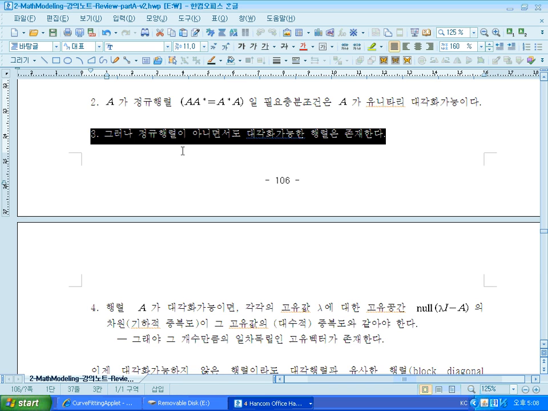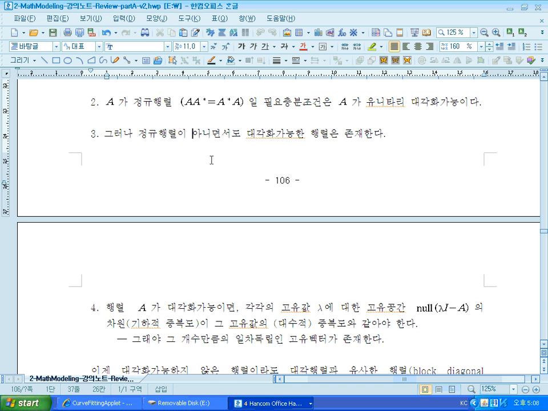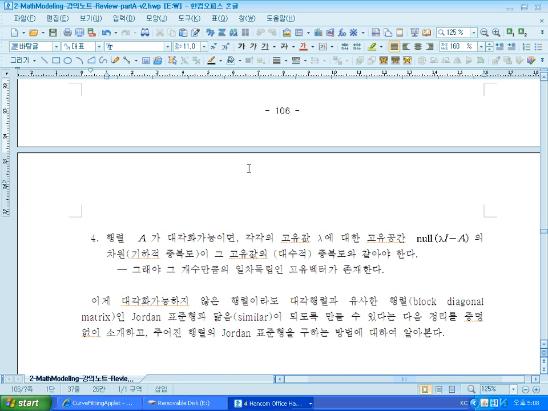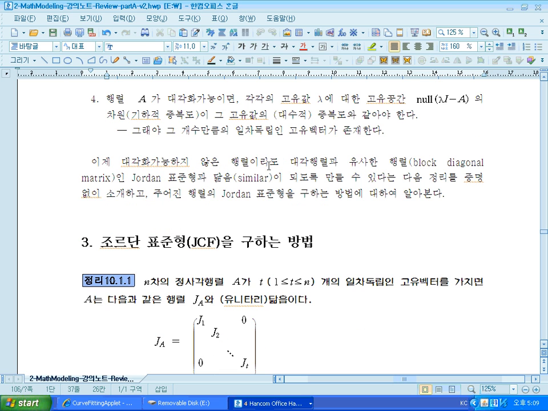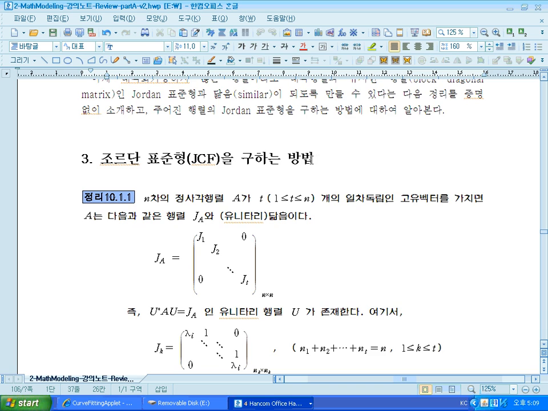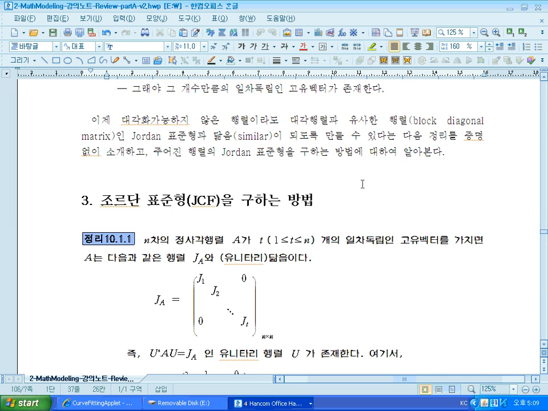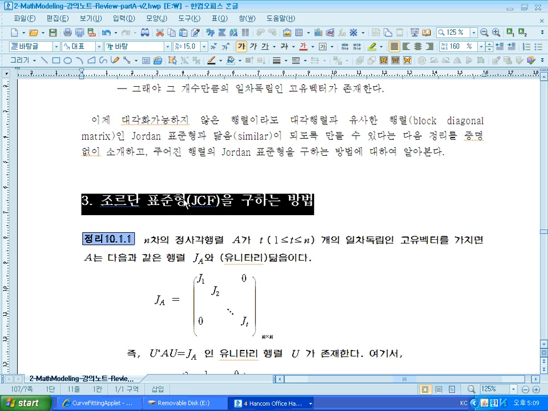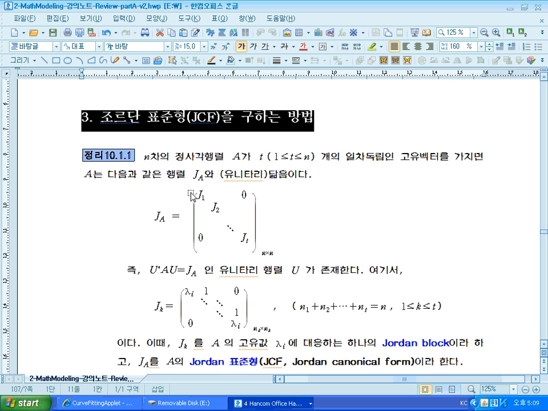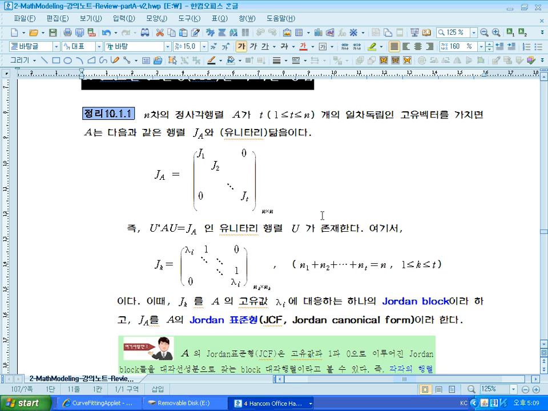But there are diagonalizable matrices that are not normal. For all such questions, for the general case, the Jordan canonical form gives us an answer. This is one nice canonical form.